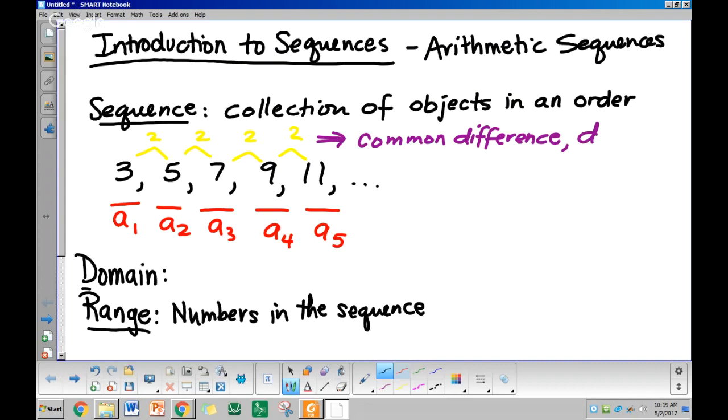So the domain, let's talk about that. Let's say you are in line. And Connor is number 3. And Renee is number 5. And Lauren is number 7. Can you be in 1.5 place in line?